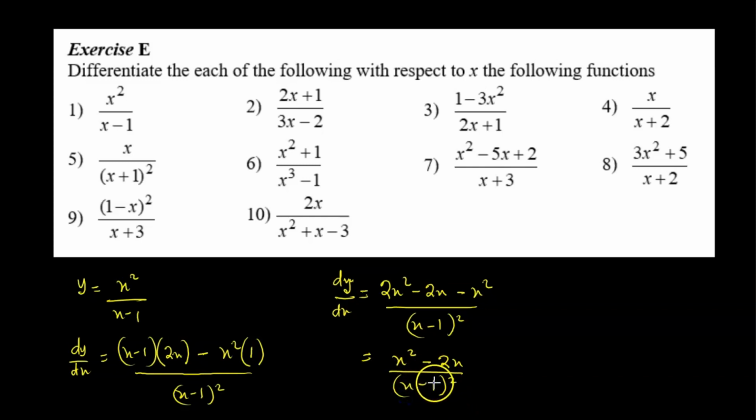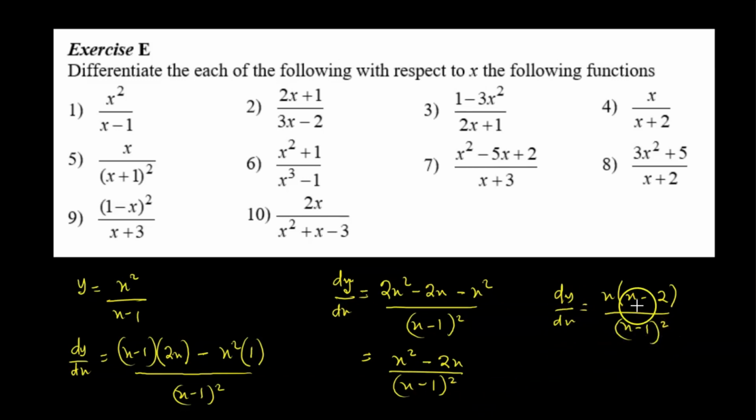You can choose to leave the answer in the factor form by factorizing out where necessary and reducing it where necessary. So if I go further, I can have dy dx is equal to, because there's a common factor between the numerator terms, x out into bracket x minus 2, then all divided by x minus 1 all squared.